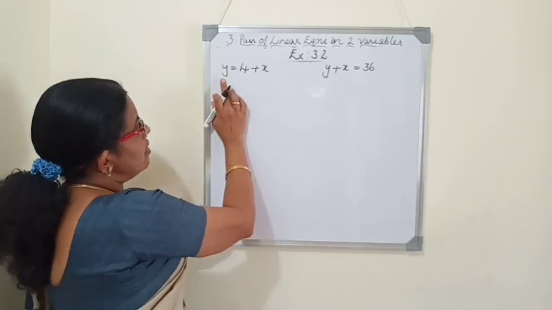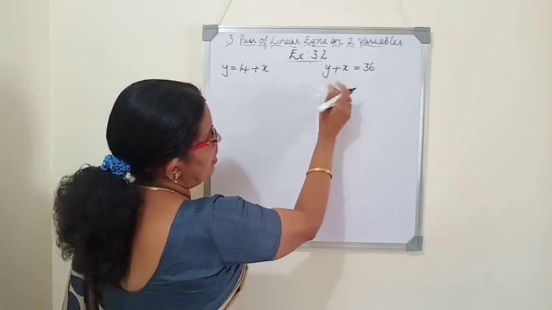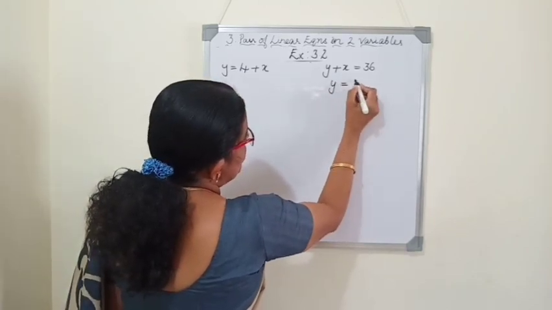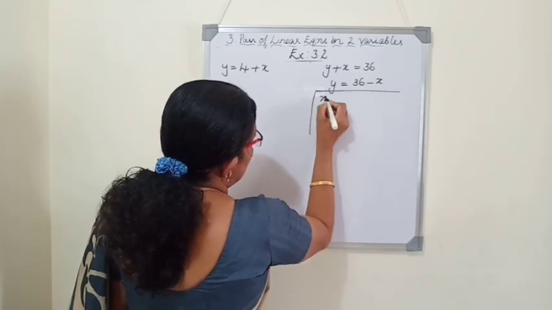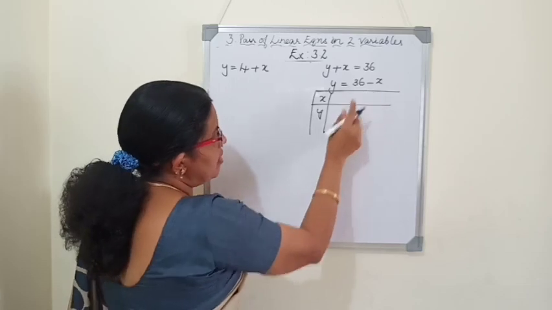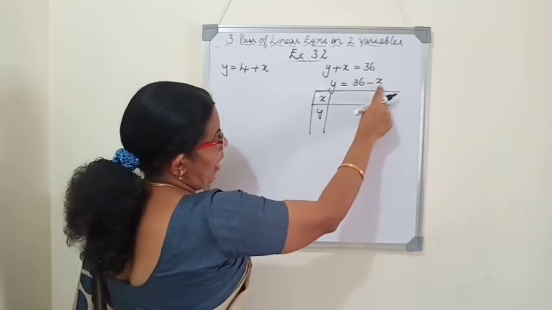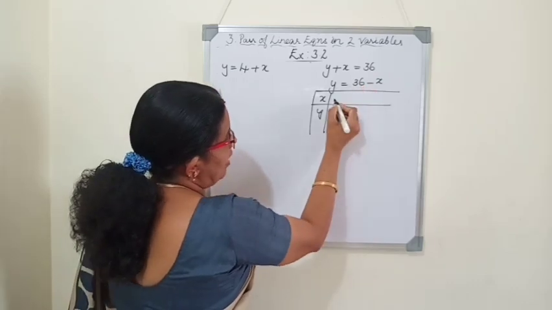Here y is equal to 4 plus x. Directly we got the equation. So here we have to change it. y is equal to 36 minus x. As we have a number 36, if you take 0, 1, 2, 3, 4 for x, it will take long time to get the number. So we will take multiples of 4.